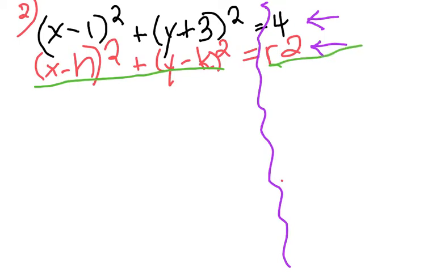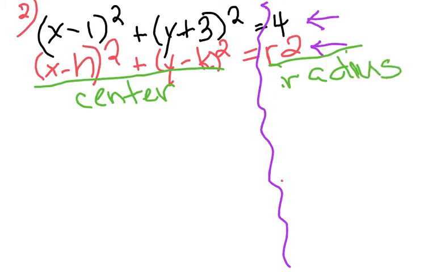Now the left side gives you the center, and the right side gives you the radius. Starting off on the left side, just like we did before, we're going to make 2 vertical circles or ovals to help you figure out the coordinates for the x and the y, or the h and the k.